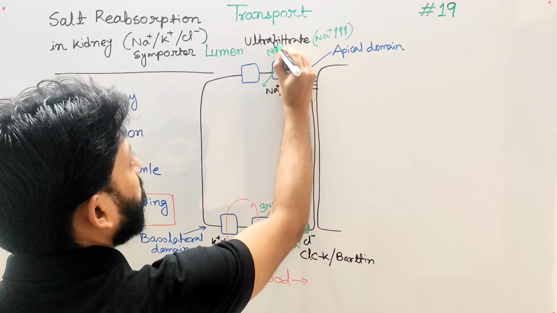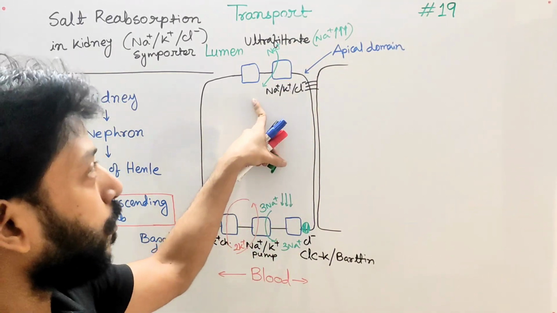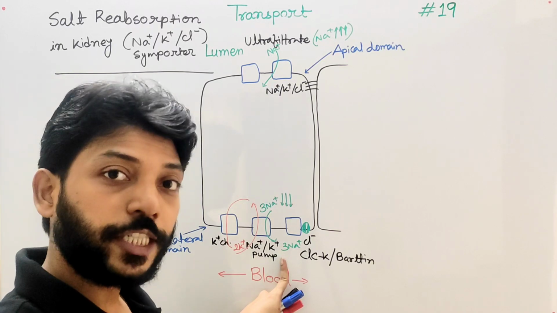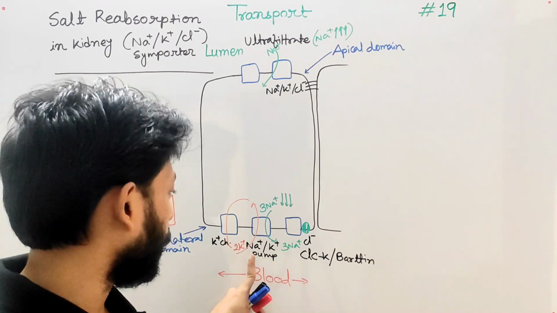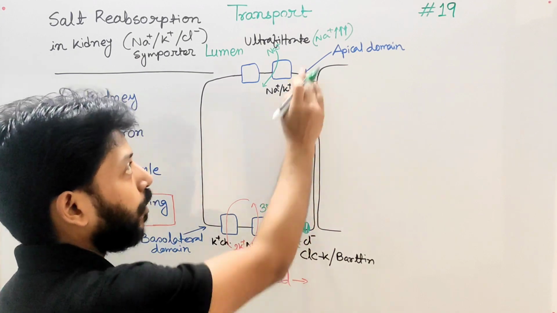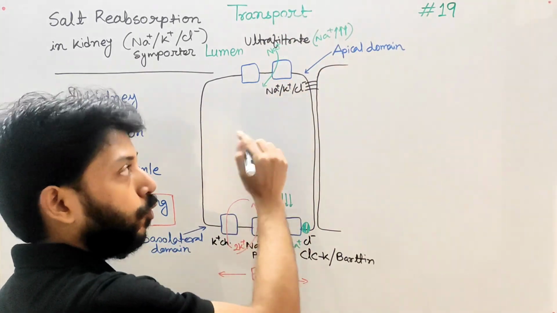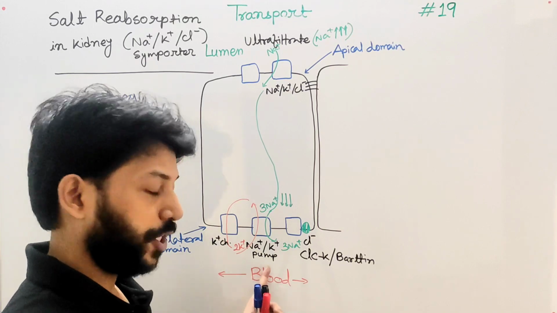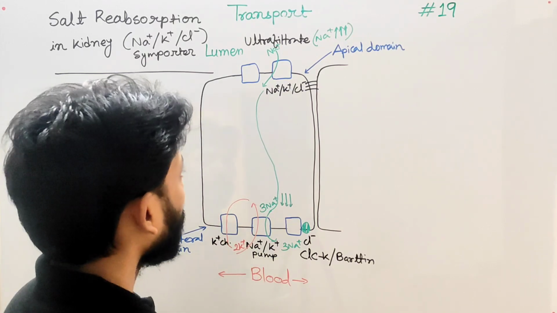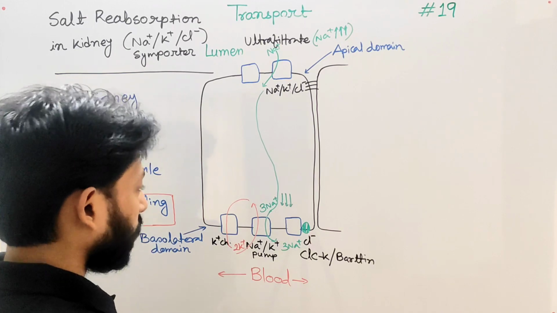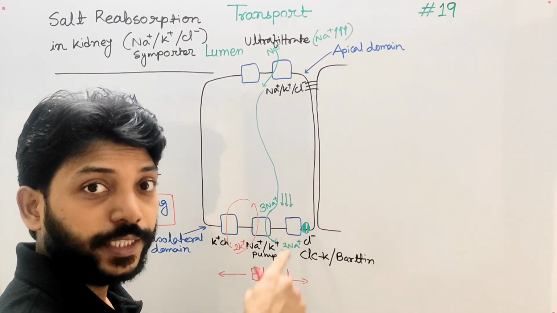One sodium comes, and this movement of sodium is powered by the electrochemical gradient generated by the sodium potassium pump. Because inside is low concentration, outside is high, so sodium will move, and this sodium comes out of the cells through the pump. Okay, it links. Now along with the sodium, potassium and chlorine also move because it is a Symporter.